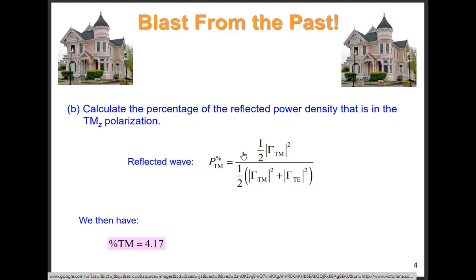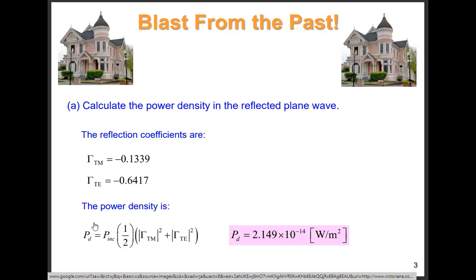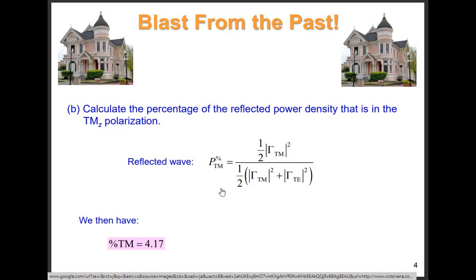P incident times 1/2 times the magnitude of gamma TM squared is the power in the reflected wave that's TM, and the total power of the reflected wave is P incident times 1/2 times the sum, like I just showed you. So that's the denominator, and the numerator is just the TM part: TM power over total power in the reflected wave.